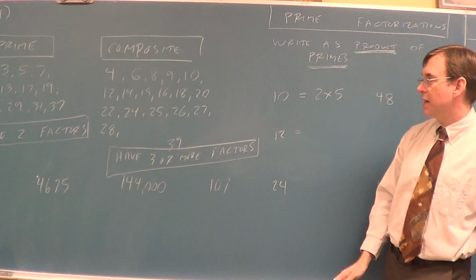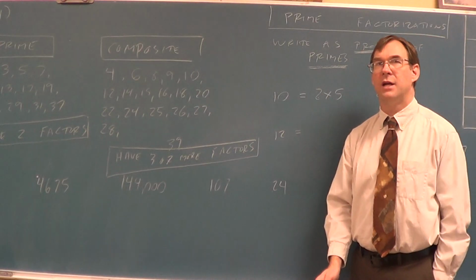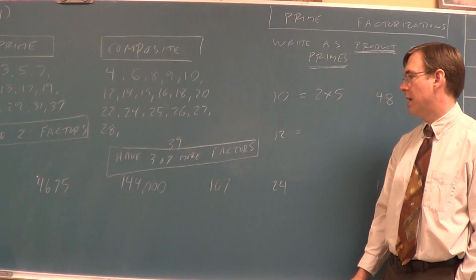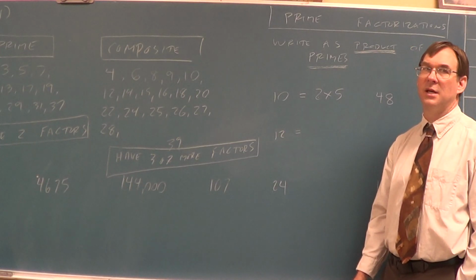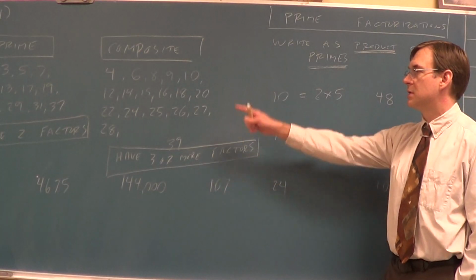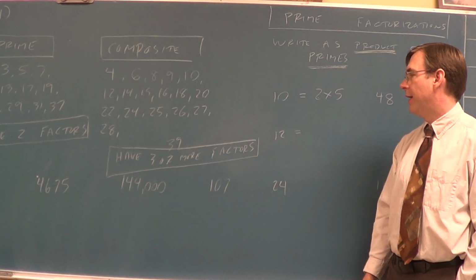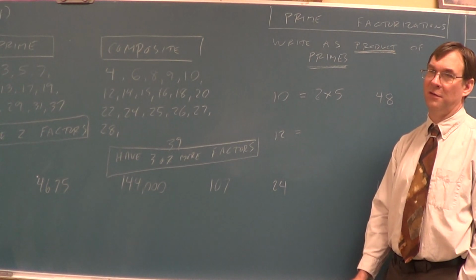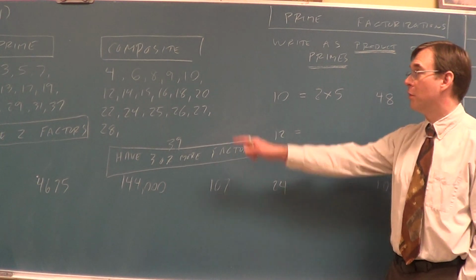12 is slightly tricky. When you were in 7th grade, this blew your minds for about 2 minutes, and then somebody would come up with an idea. I'd have people yell stuff like 2 times 6, and I'd say no, because 6 is composite. And then they'd yell 3 times 4, and I'd say no, because 4 is composite.